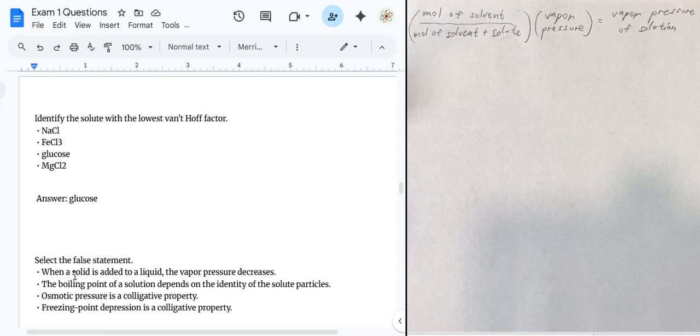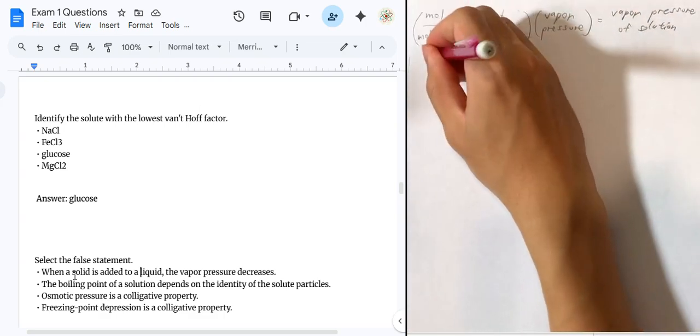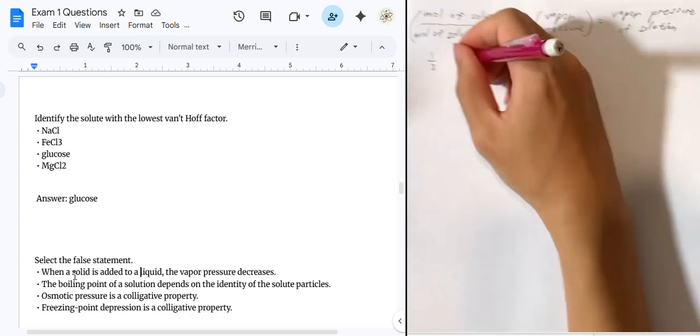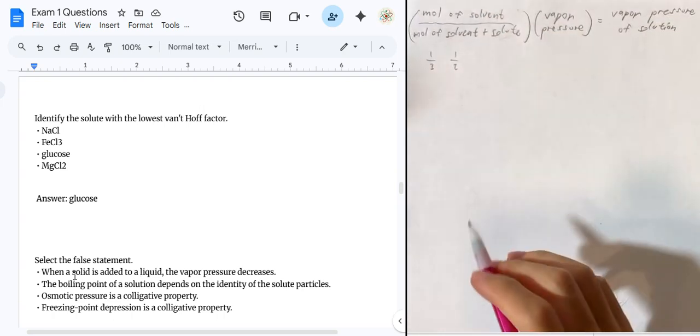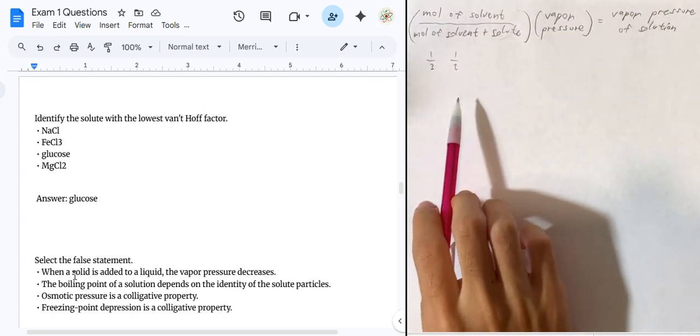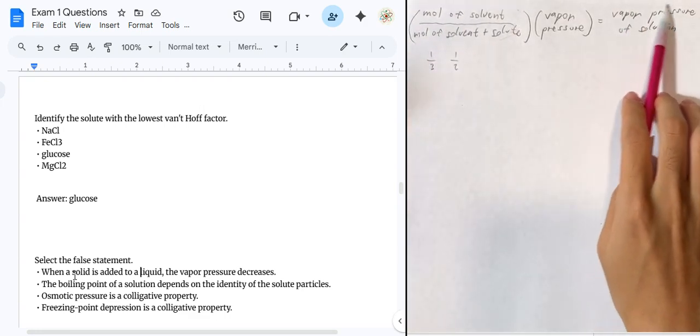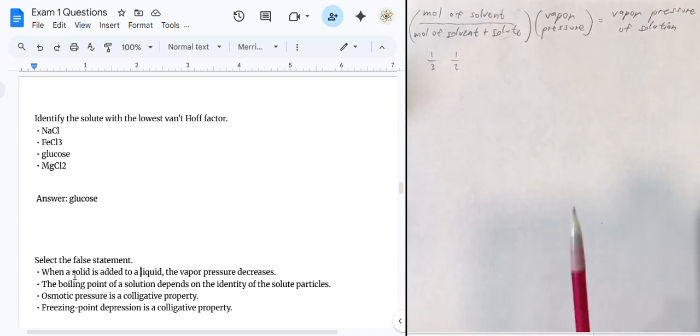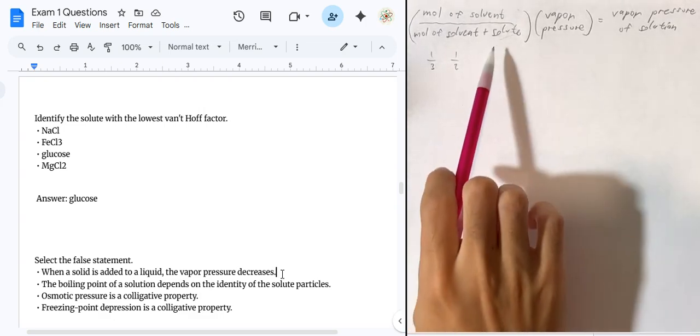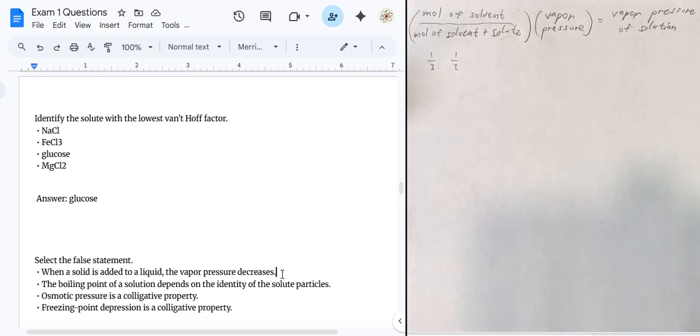Like for example, if we go from 1 over 3 to 1 over 2, then that increases. And if this increases, then this also increases. So this would be false, because the vapor pressure decreases when there's solute added to the solvent.